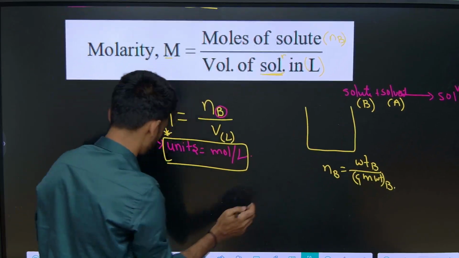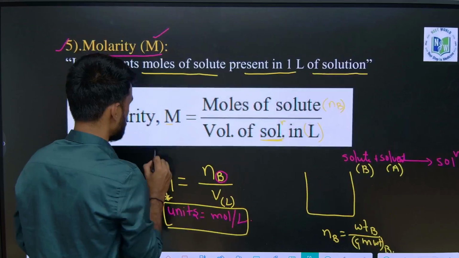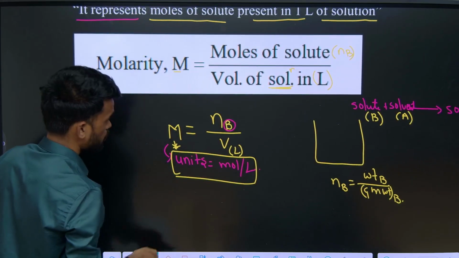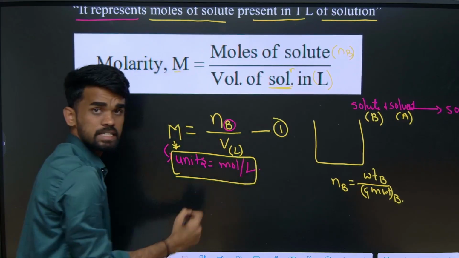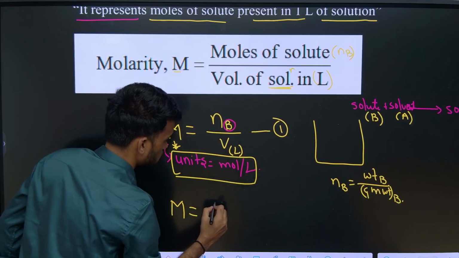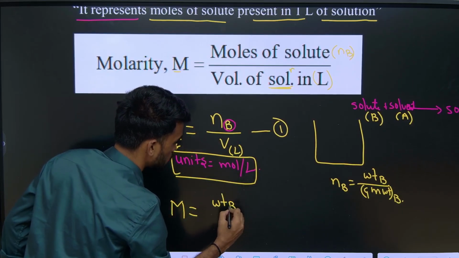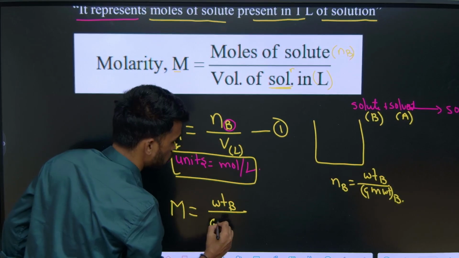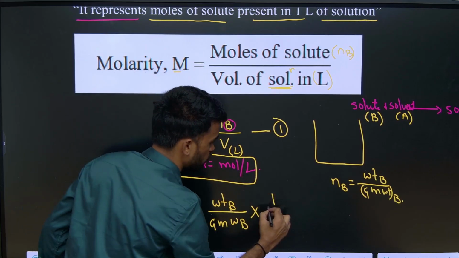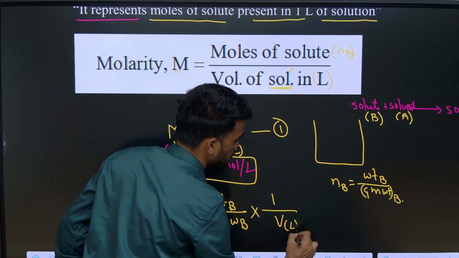Considering this formula as 1, what is the second formula we may expect from here? Substituting, we get weight of solute by gram molecular weight of solute into 1 by volume in liters.